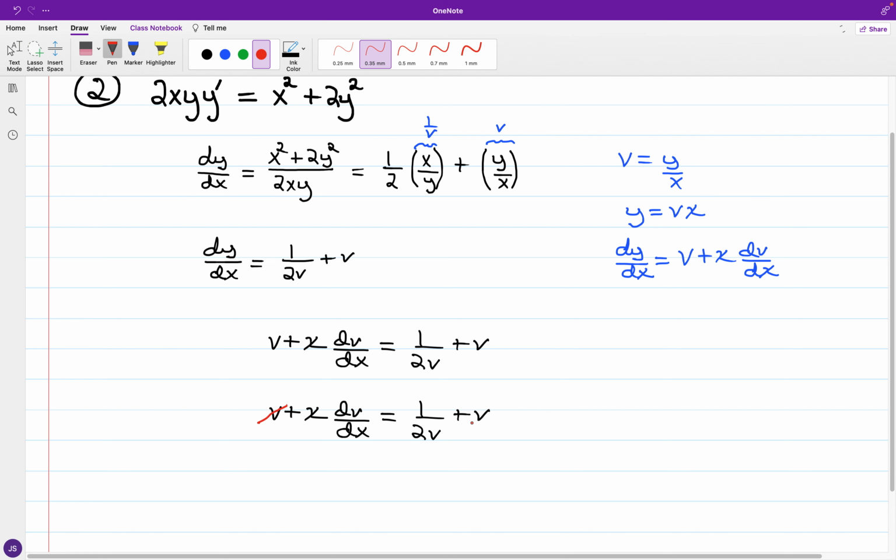And if you notice, if we combine v terms together, we will have the cancellation of v. So with v going out, we have x dv over dx is equal to 1 over 2v.